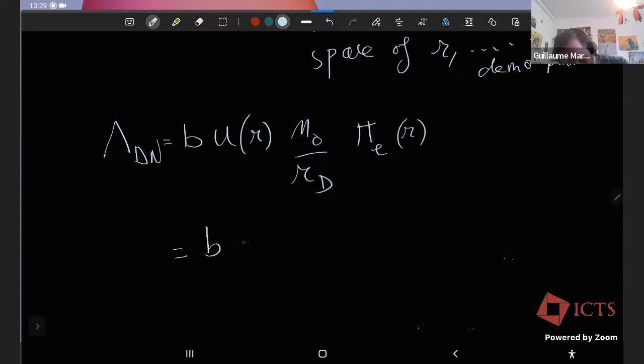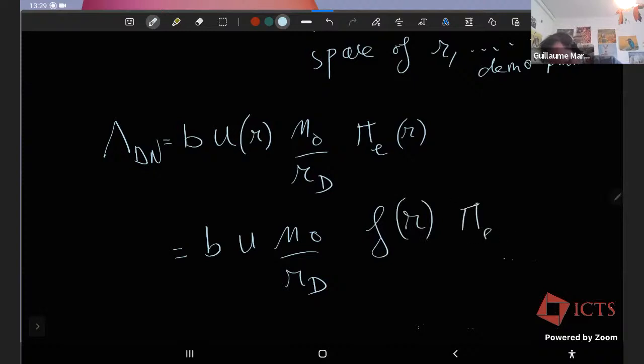It would be B, genomic mutation rate, N0 RD, times the PDF, the distribution of R, times P of R. And that will be my lambda de novo in the class R, the infinitesimal class going from R to R plus dr. That will be this times dr. That's the point of the definition of the PDF.